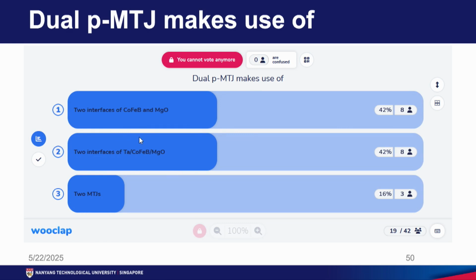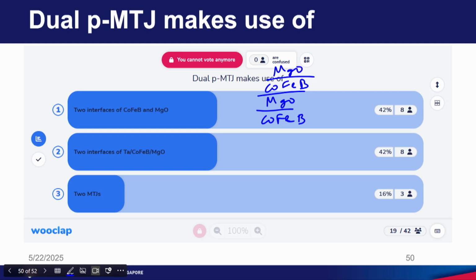Okay, the majority of you are wrong. So two interfaces of cobalt and boron will look something like this, right?